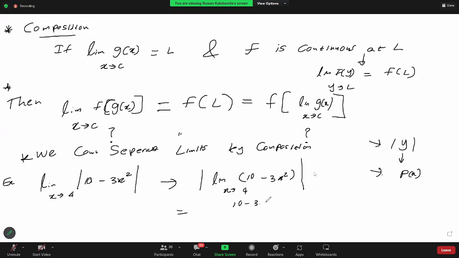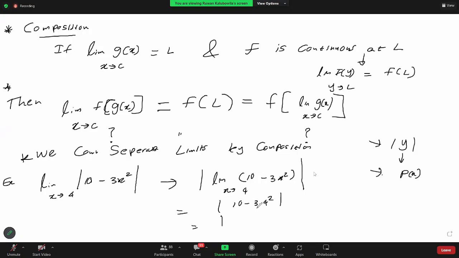So 10 minus 3 times 4 squared means 16. 16 times 3, find out the value. This is the value.